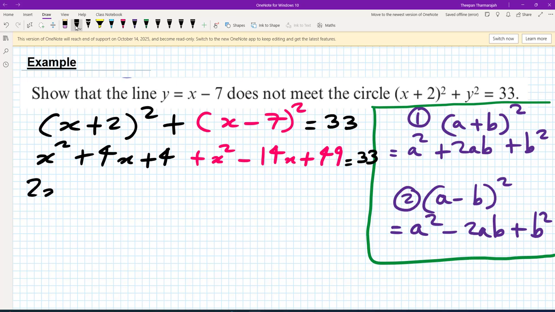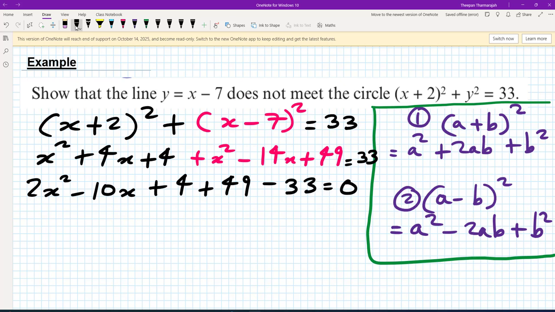So we get 2x squared minus 10x plus 4 plus 49 minus 33 equals 0. So we get 2x squared minus 10x. Well, that's going to give me 53 minus 33 is 20. So that's going to be plus 20 equals 0.